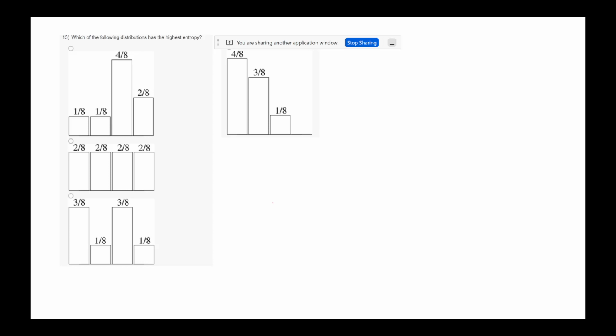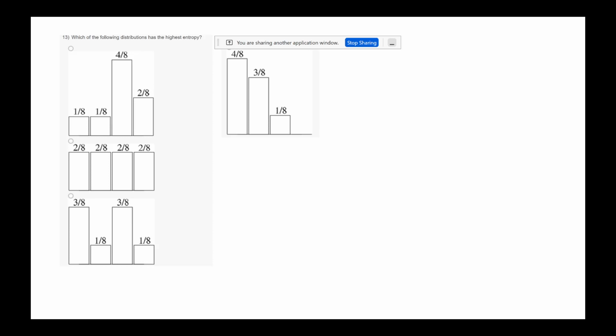Okay, so here it says, which of the following distributions has the highest entropy? Okay, so let's just calculate it, but at the end of the calculations I will establish what will be the highest entropic or the most random distribution.